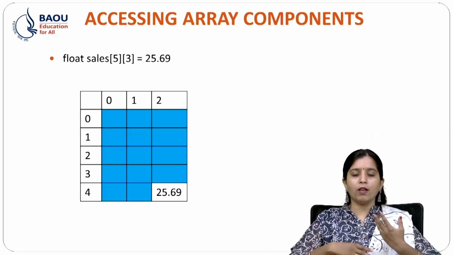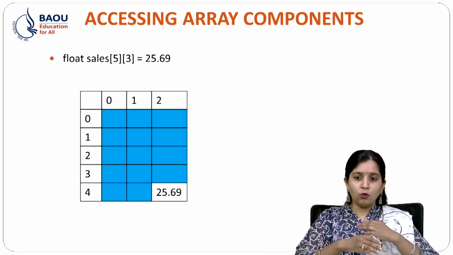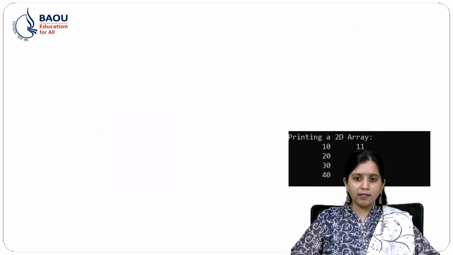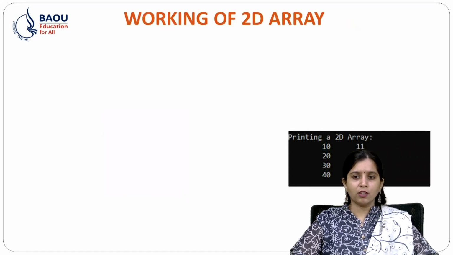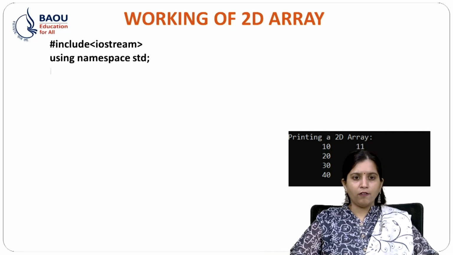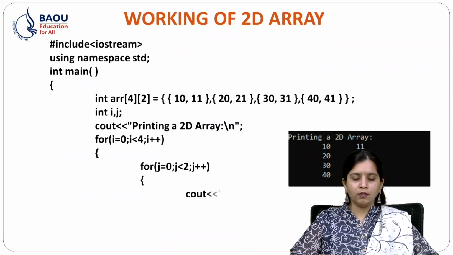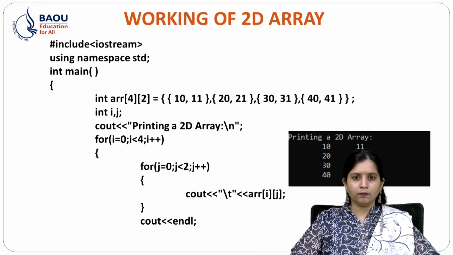I hope now you get the idea how a two-dimensional array works. So let's see our example of a two-dimensional array. First we will include our iostream. After that, in int main, first we have initialized our array.